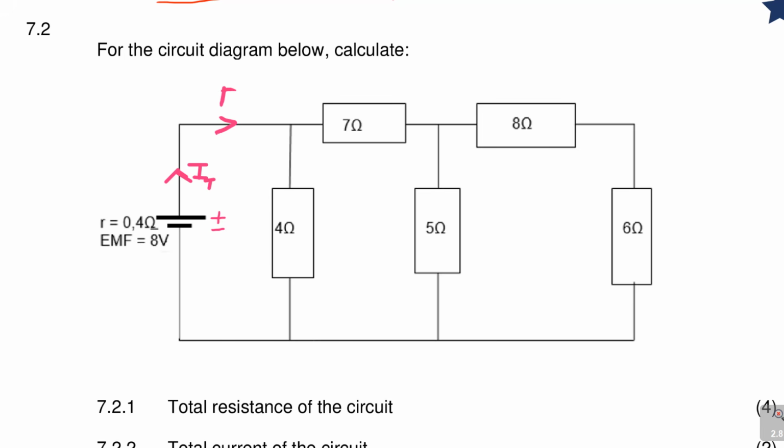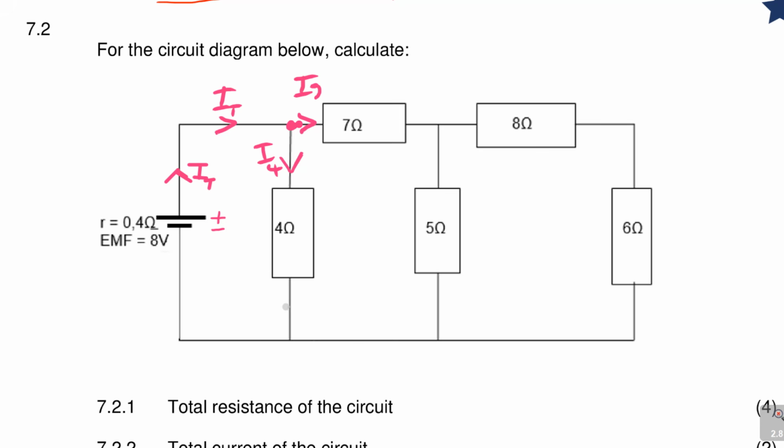That's still my IT. But here things start happening. This current is going to split. One part will go through the 4 ohm, we call it I4. The other will enter the 7 ohm resistor, so let's call it I7.